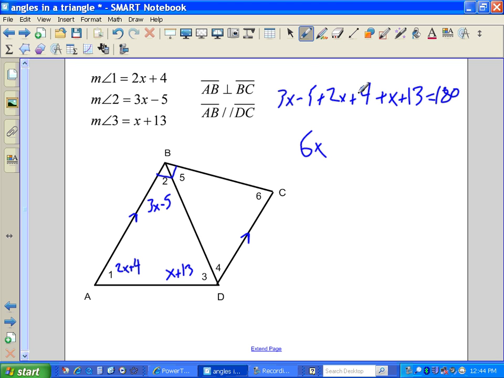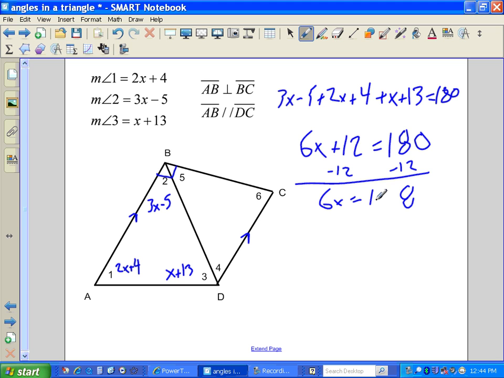Negative 5 plus 4 is negative 1. Negative 1 plus 13 is positive 12. 6x plus 12 equals 180. Subtract 12 from both sides. I'm left with 6x equals 168. And then I do the division.